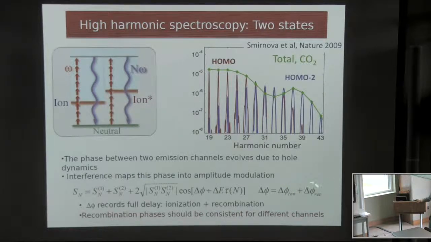So we know the recombination phase. We can calculate numerically the phase due to evolution of the system whilst the electron is essentially free. But the ionization phase is more tricky to calculate or to get at.